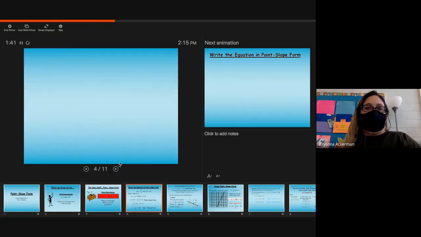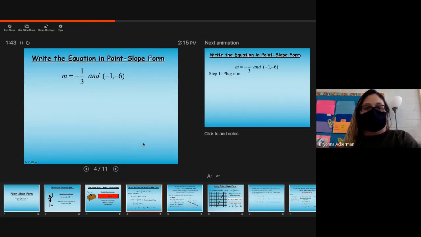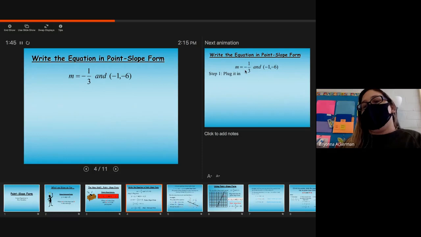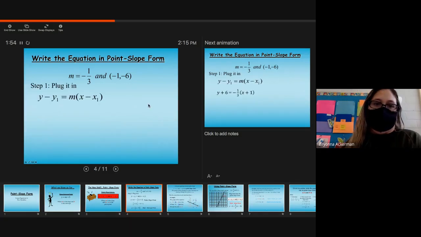So if I'm given that the slope is negative 1/3, and then I'm given a point negative 1 comma negative 6, all I have to do is plug it into that form, okay? And so it'll be y minus the y value. But what is the y value in this case? Negative 6. So it'll be y minus negative 6.